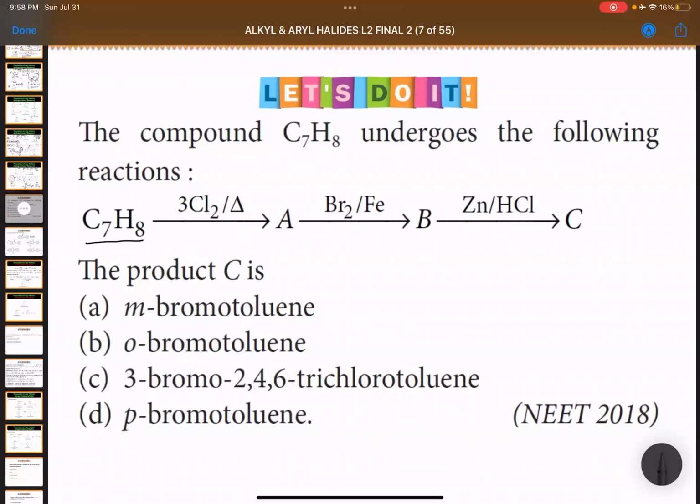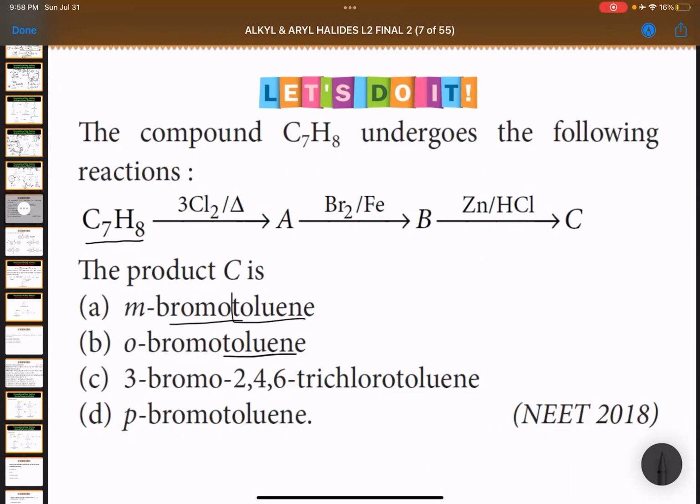And now my question is what this molecule is. It can have millions of possibilities, and the structure is not given, only the formula is given. So my dear students, you don't have to worry. You need to look at the options.